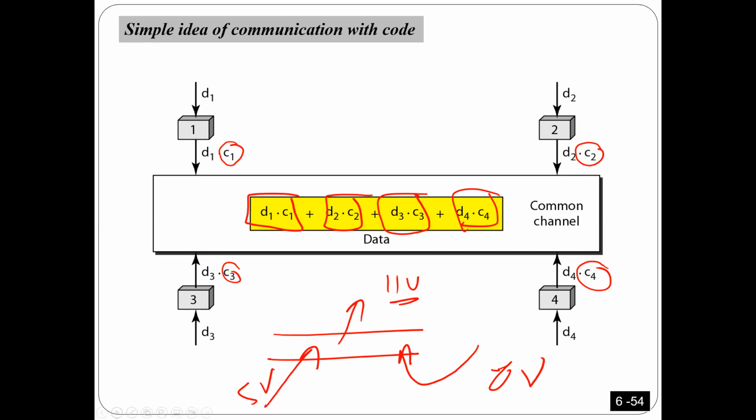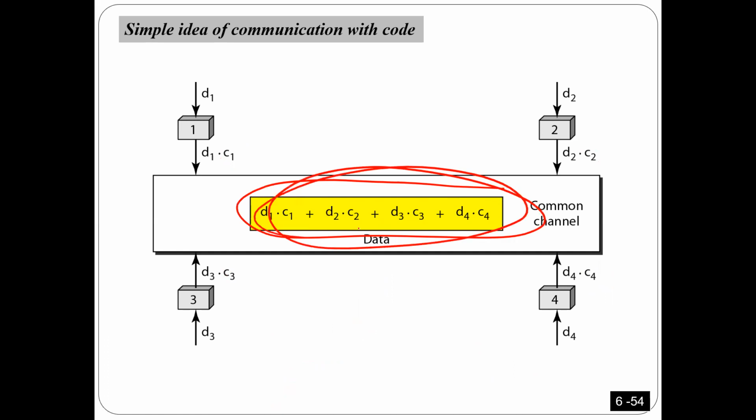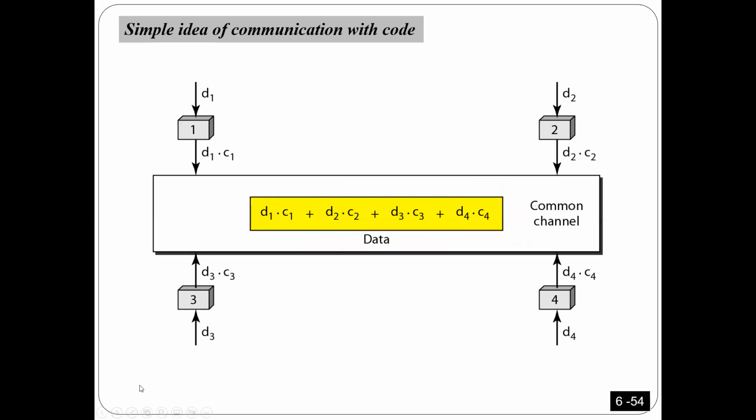Anyway, so this is the data we have. It has all the data, the full data: D1, D2, D3, D4. If I want to extract D1 from the data here, how can I do that? If I want to extract D2, how can I do that?